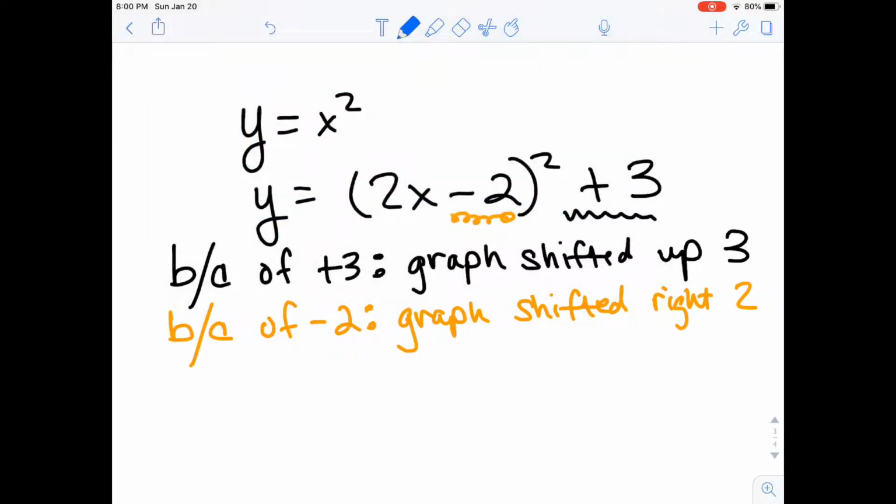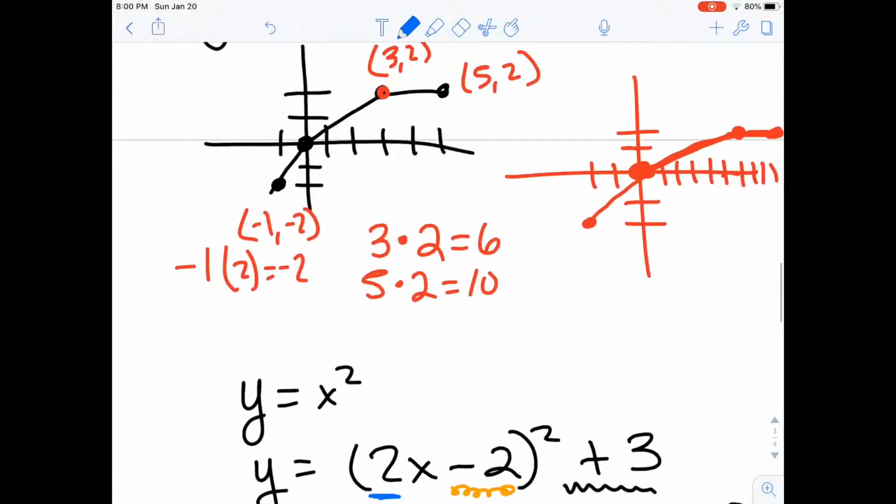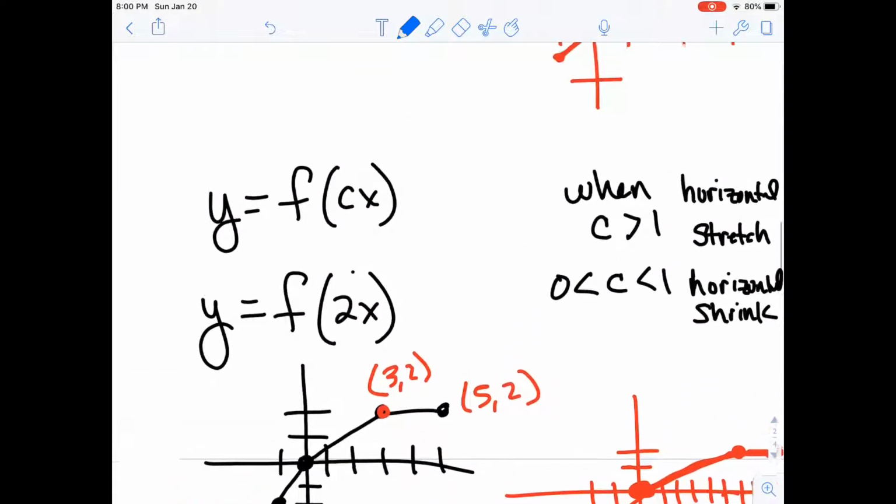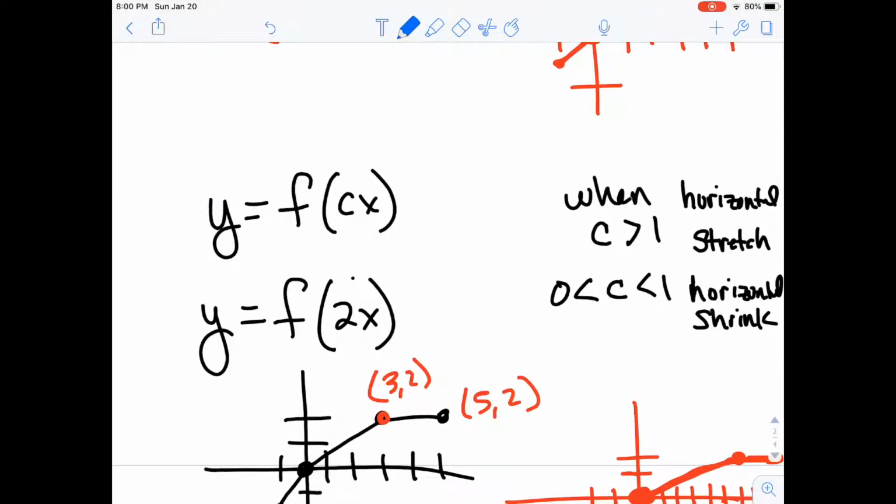and then let's go blue, right? Because of the 2 that is on the inside, it would match this right here, right? So the 2's on the inside, and 2 is greater than 1. So we have a horizontal stretch.